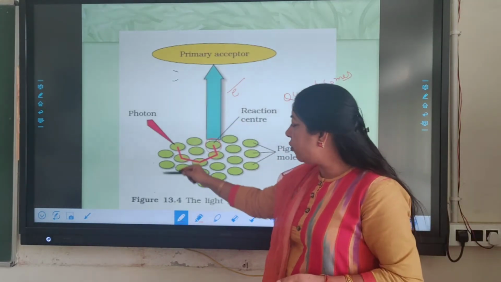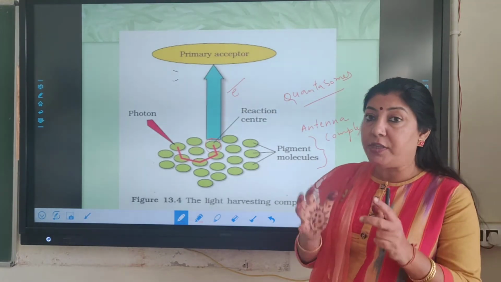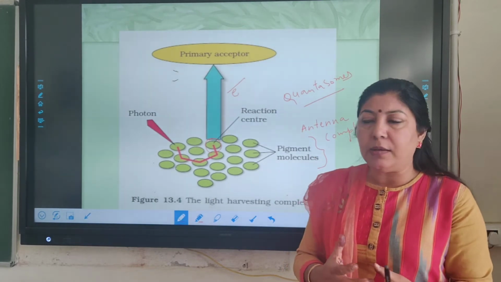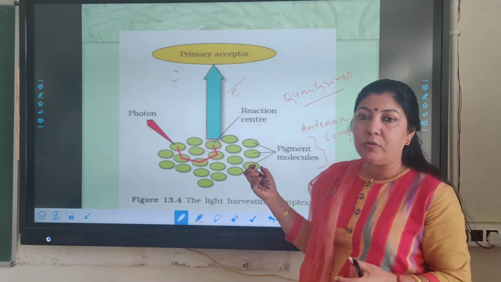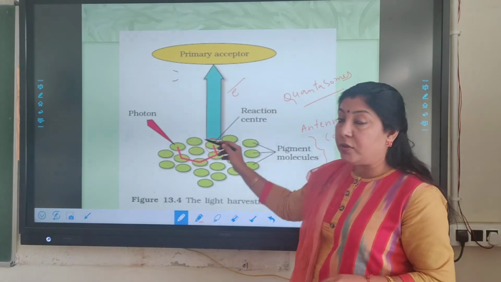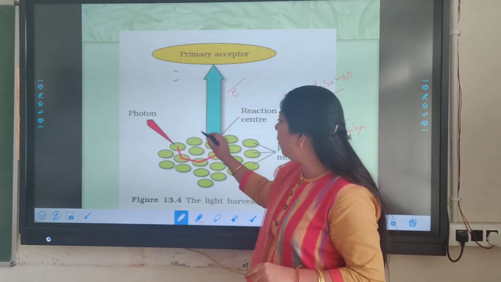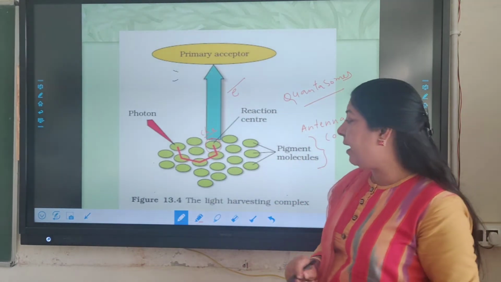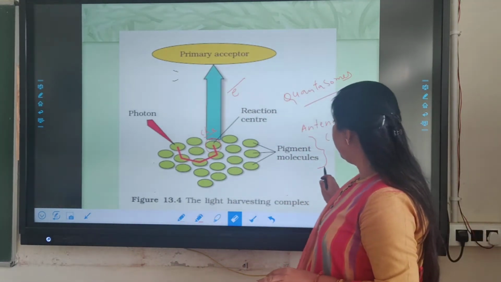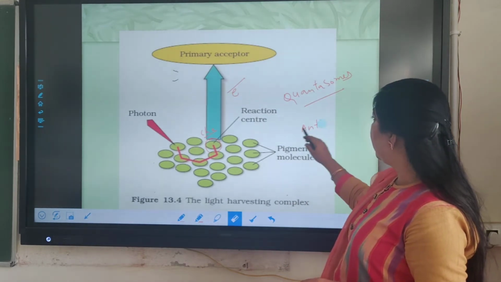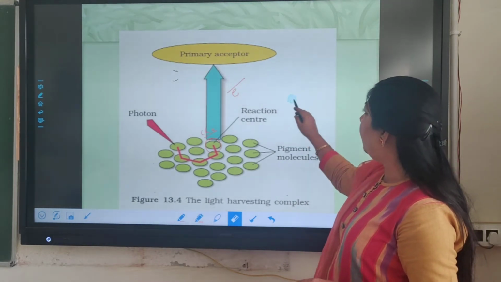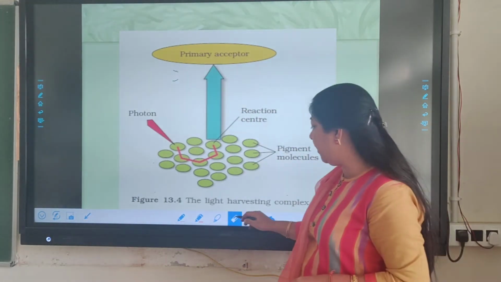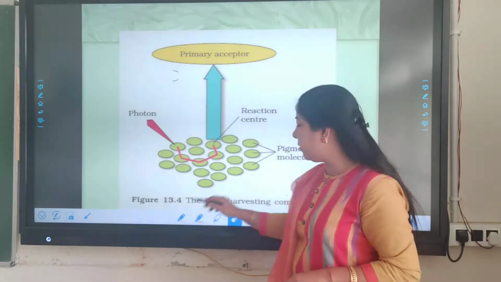That's why these quantasomes are actually a combination of about 200 to 250 different photosynthetic molecules, having a reaction center always with chlorophyll A. The reaction center will always be only chlorophyll A, and these are called light harvesting complexes.